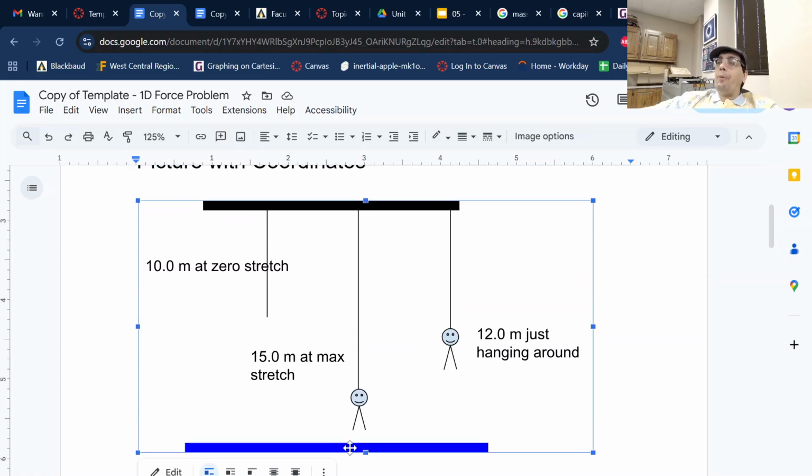This middle part is different because you're not stationary at that point. Your velocity is 0 for an instant. You don't actually need to use that in any way in this problem. In fact, I don't even have to tell you that this is the maximum stretch. I would just need to tell you at some point it's 15 meters long.